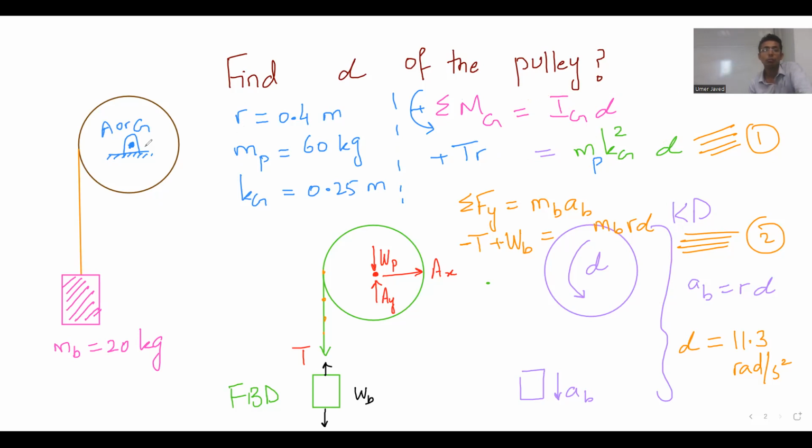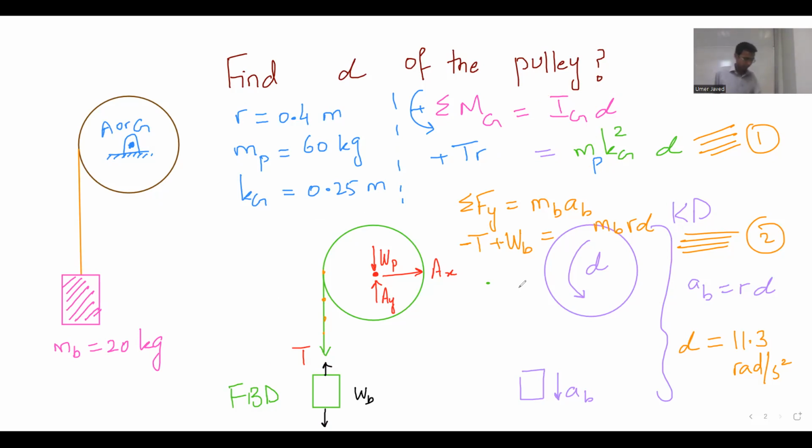When I was writing summation of moments about center of mass, I took this chunk separate. I said T multiplied by R equal to I_G alpha, right? And when I was wondering what is T, I focused here. Look, this T and this T are the same, okay?